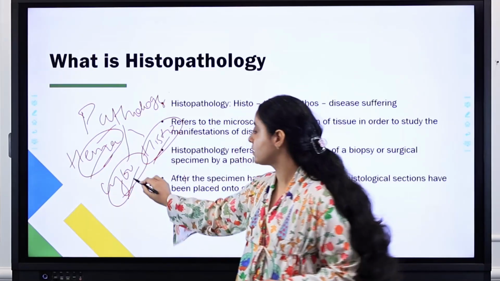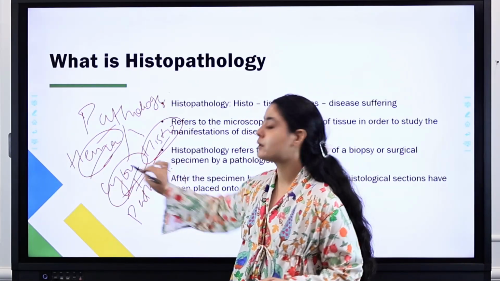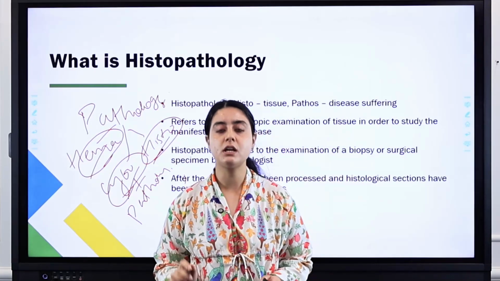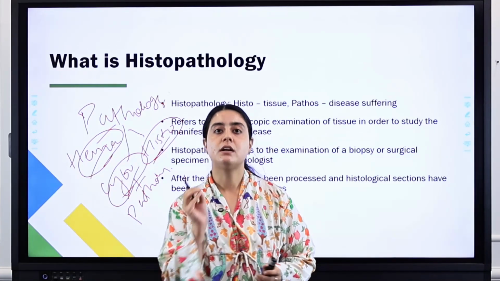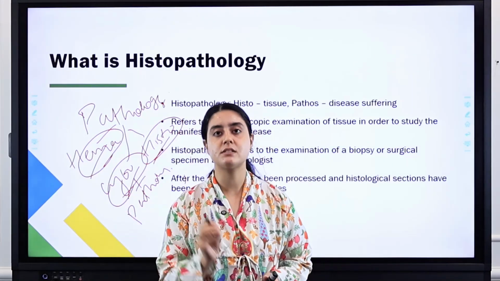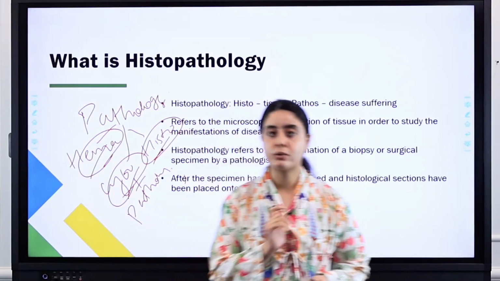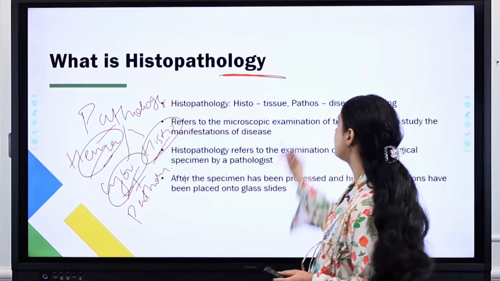And if we add pathology to them, like cytopathology or histopathology, it means that we are going to diagnose or detect the diseases in the cells, or diseases present in the blood, or diseases present in the tissues. So today our topic is histopathology. What is the meaning of histopathology?